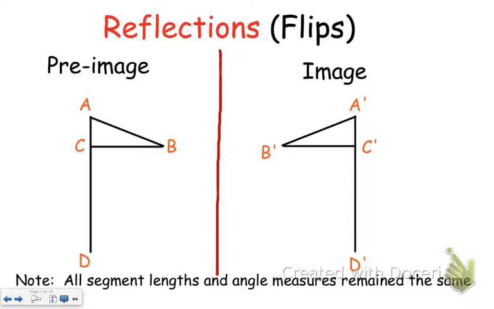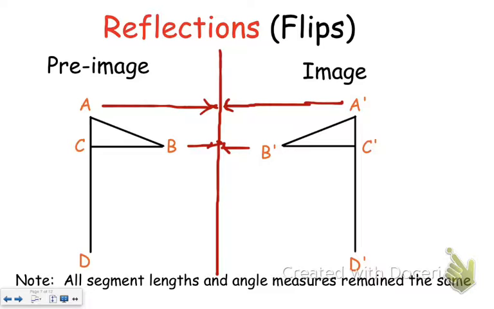So now every point is an equal distance away from this line of symmetry. So A is an equal distance from the line as A prime would be. B is an equal distance as B prime, and so on. C to C prime and D to D prime.